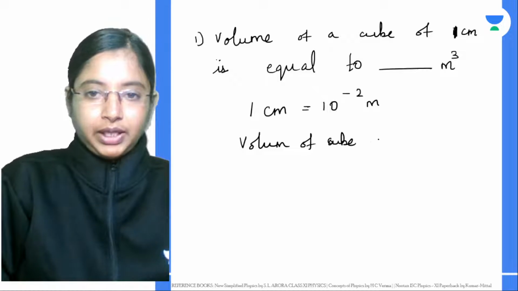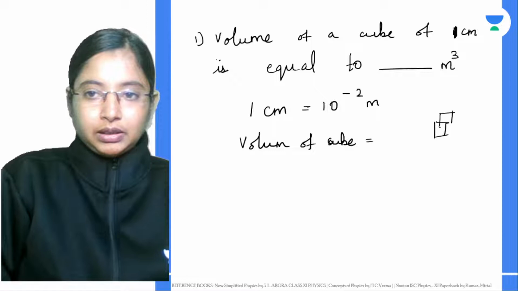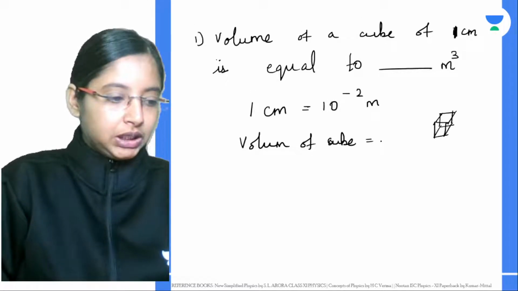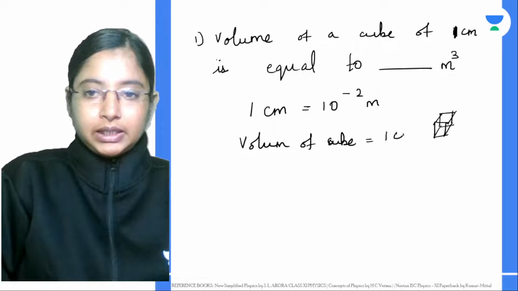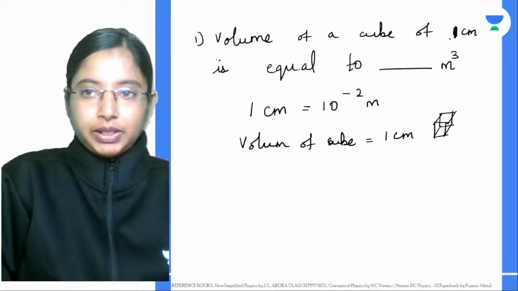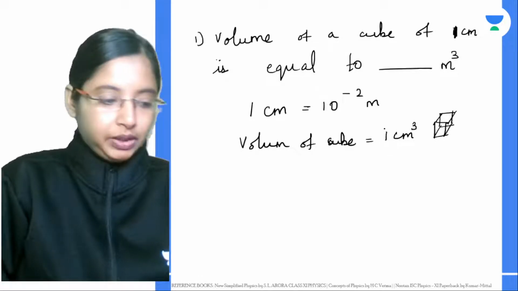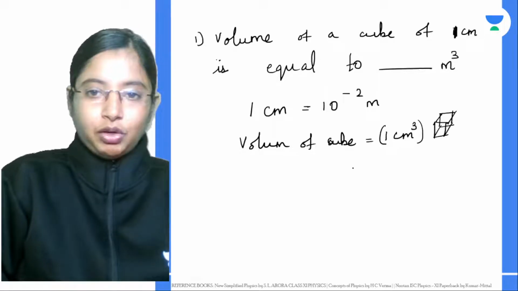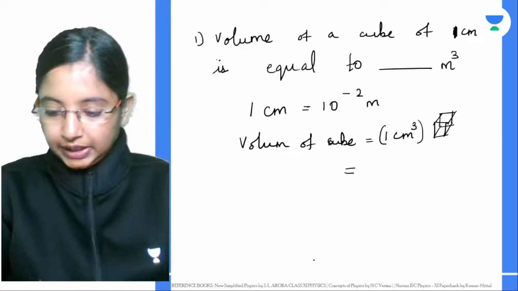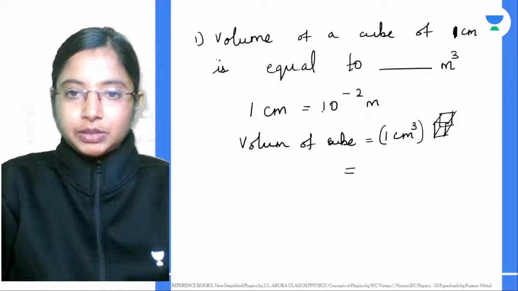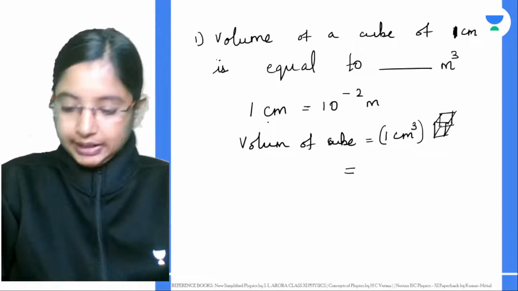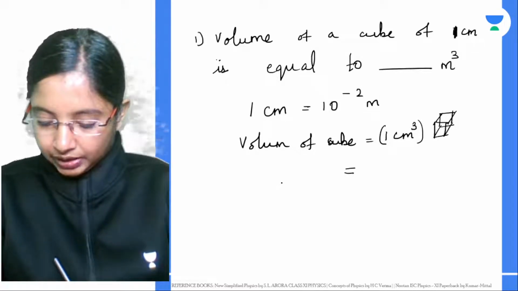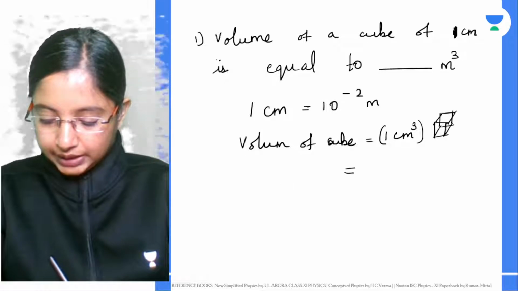If you have a cube and you want to find its volume, the volume of the cube will be 1 centimeter cube. So if the volume of the cube is 1 centimeter cube, then how would you express it in terms of meter? It is 1 into 1 into 1 centimeter cube.